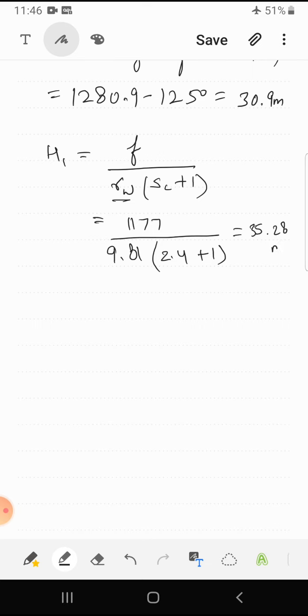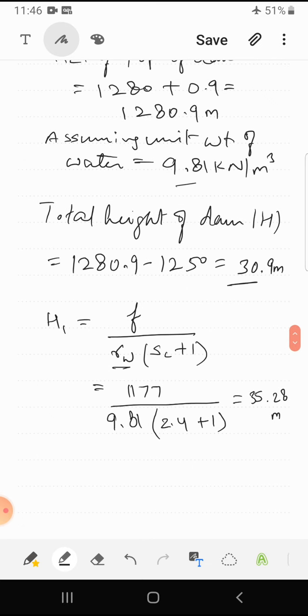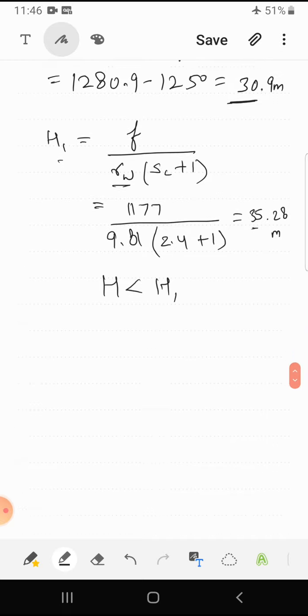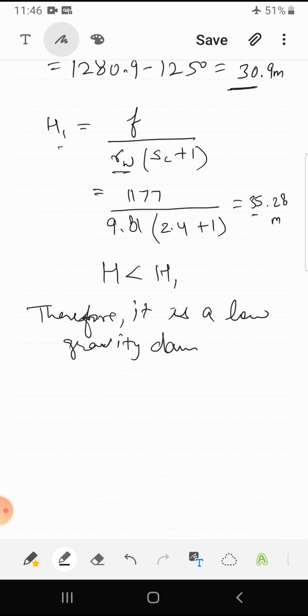Now H1 after calculating is 35.28 meters. So we can say that H, that is 30.9 meters, is less than H1, 35.28 meters. So here H is less than H1, therefore it is a low gravity dam.